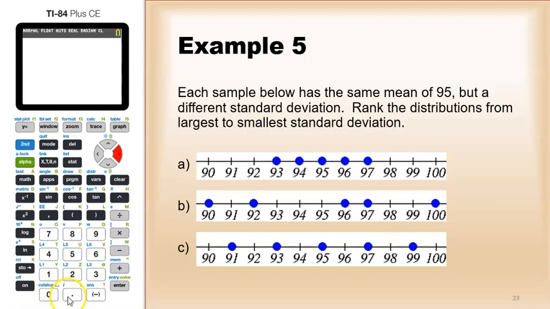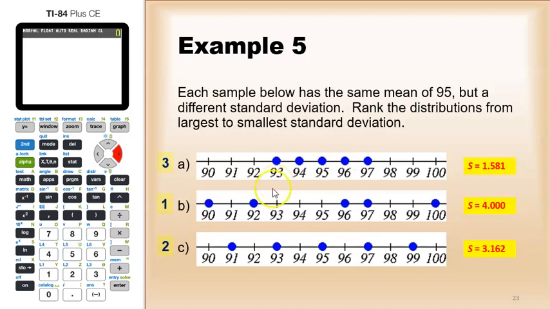And looking at them, it looks like B is the most spread out. So I'd put that as 1. And then the least spread out is A. So I guess C would be 2 and A would be 3. Now if I calculate the standard deviation, that's basically what it turns out to be.